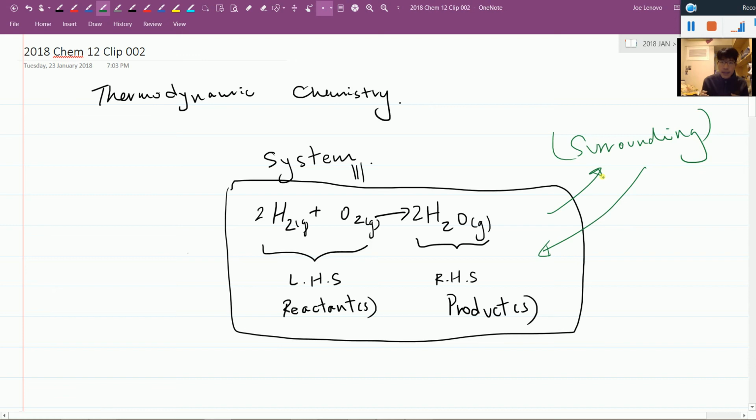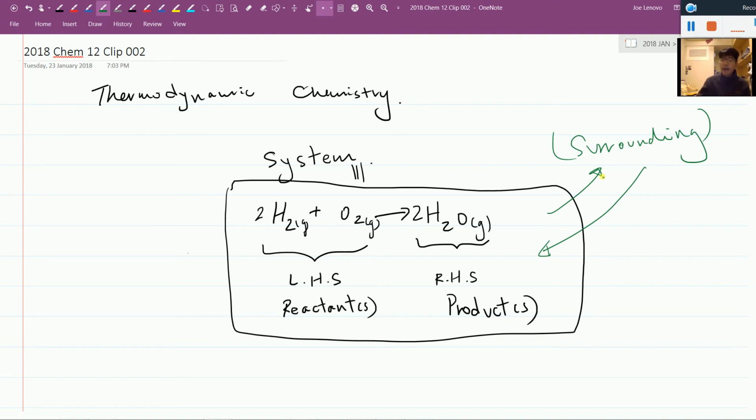The thing that we focus on here is the energy. Most of the time we use heat to explain those energies moving into or leaving the system. There's an energy exchange between system and surrounding.